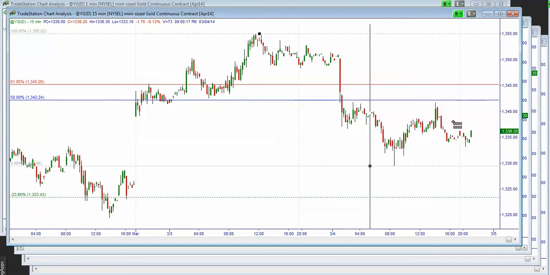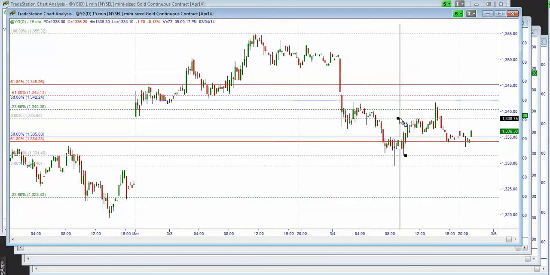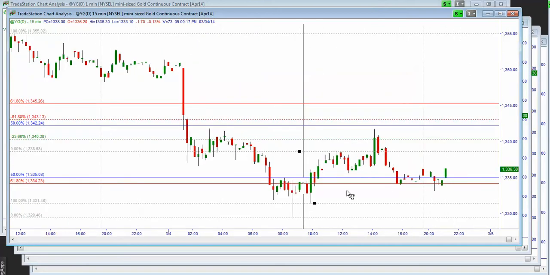So you wouldn't bother, and you would take half off and then move your stop above the highs here. If you were to time this using the 15-minute sequence, then this is what I would see, and this would be the best way to model this move.